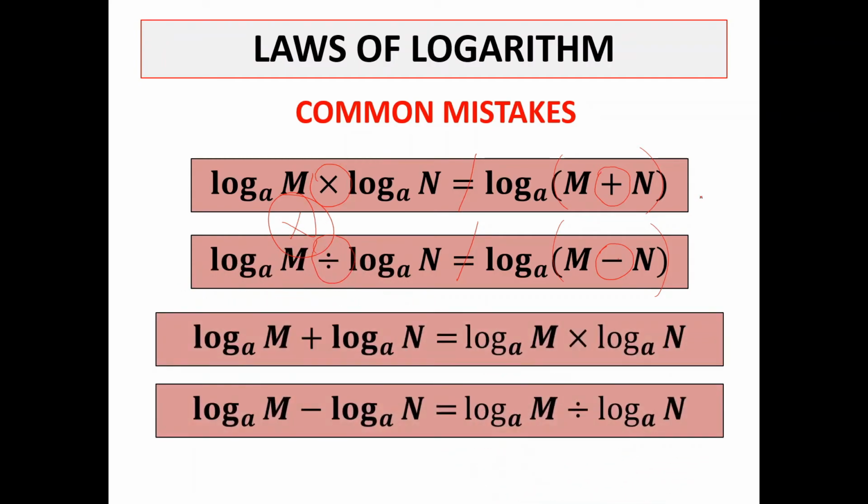The next common mistake done by the students is these two. Okay, so to apply the laws of logarithm, it is okay to have addition and subtraction between the logs, but the wrong one here is about these two.